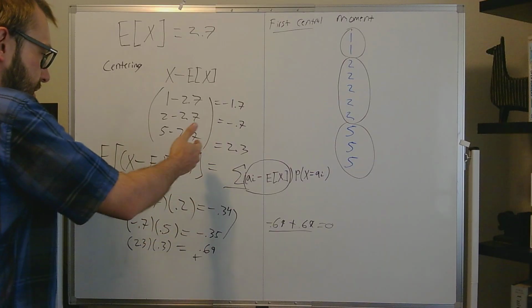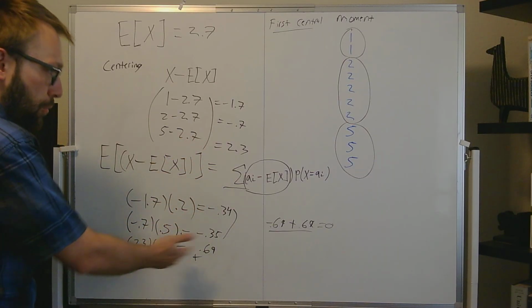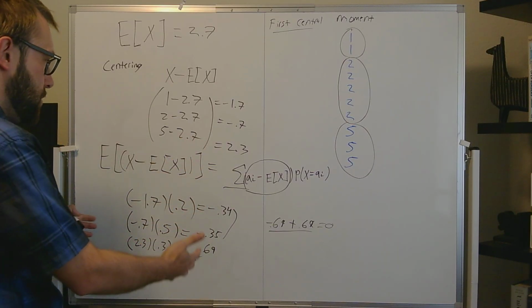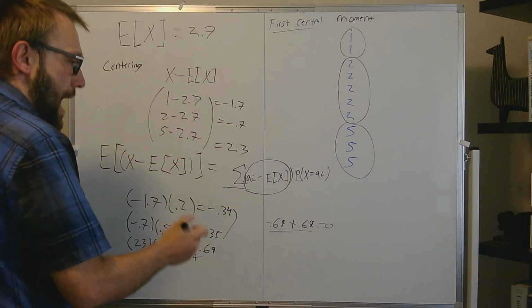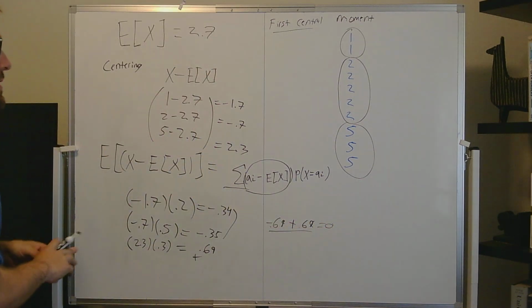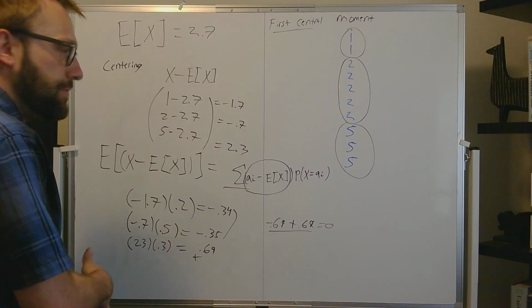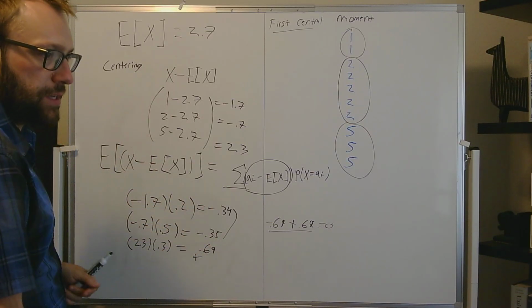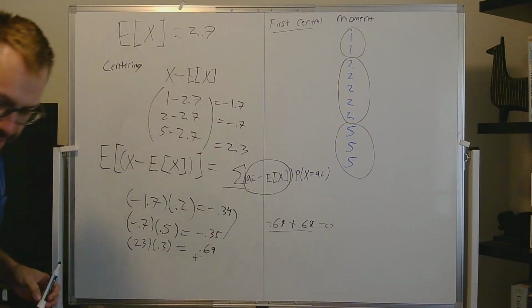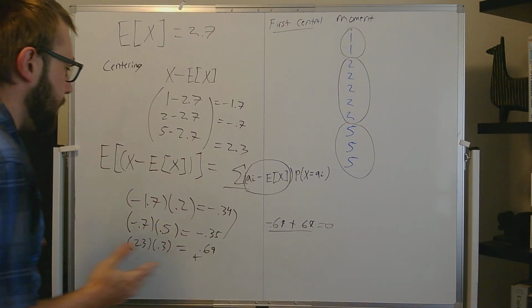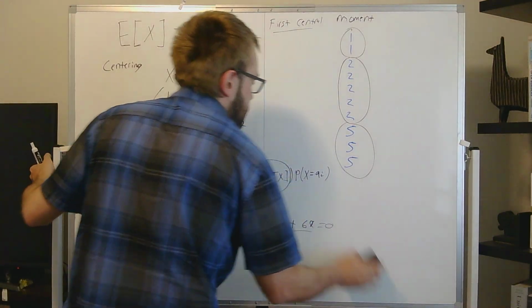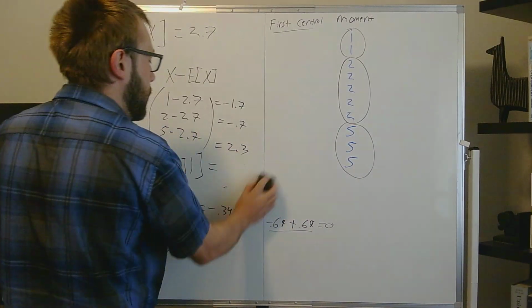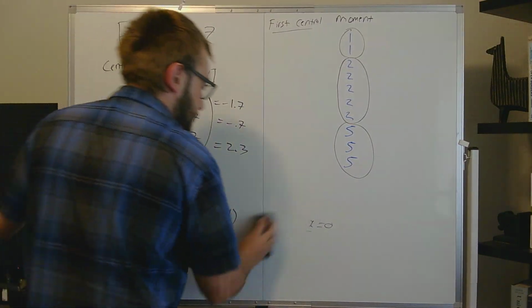What matters is that their probabilistic weight actually balances out to 0. So it's saying that there's an even amount of weight to the left of the center and there's an even amount of weight to the right of the center. That might seem a little airy right now, but it'll make a lot of sense when we talk about the second central moment, why we're doing this.